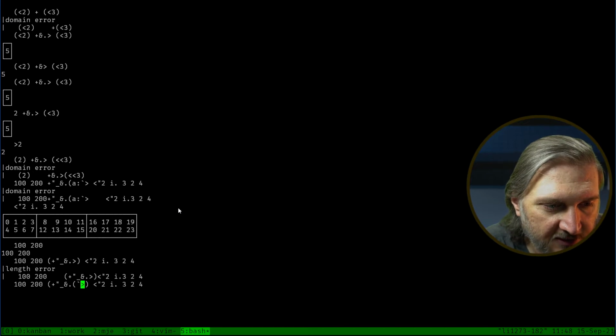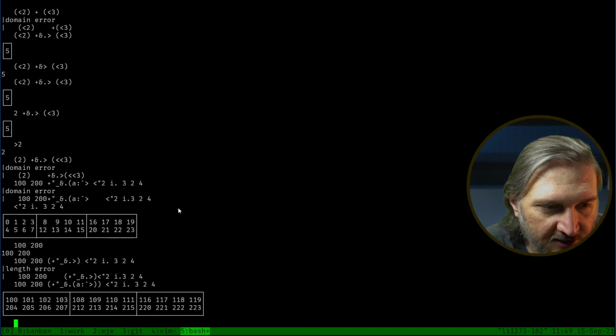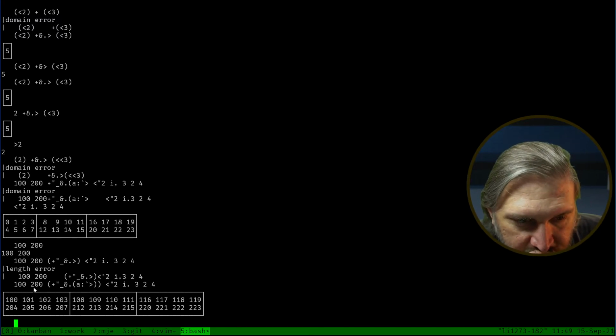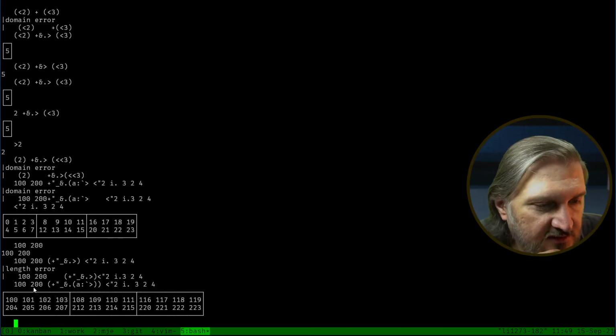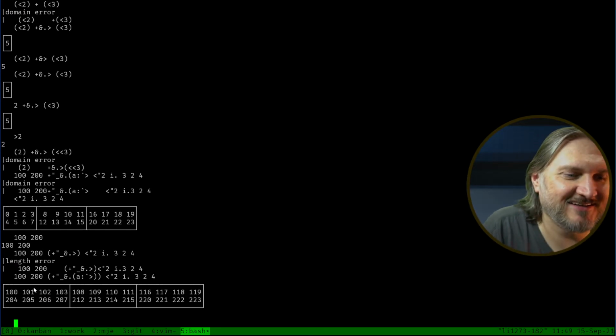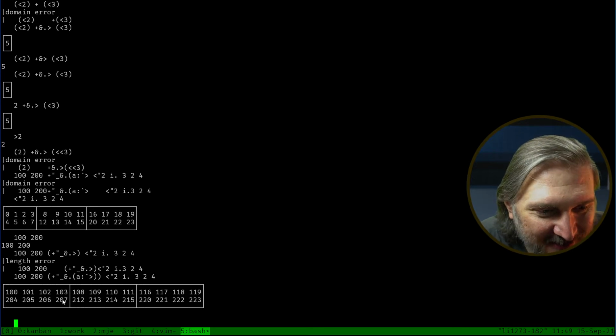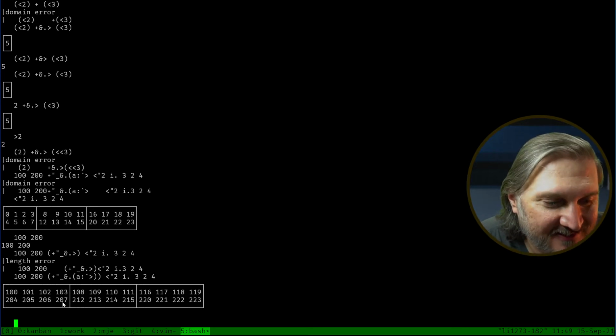But by putting the box over here, the empty box on the left-hand side, it says don't unbox that side. Trying to think through this on the fly, why you get the length error in particular, I'm not sure I understand why that happens.